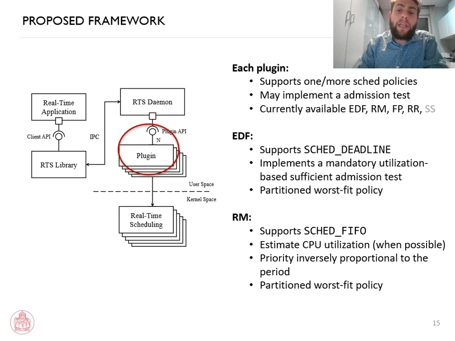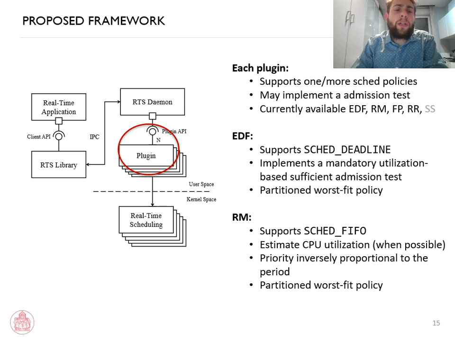The EDF plugin supports the sched deadline algorithm and implements a utilization-based admission test. Tasks that are accepted are scheduled following our worst fit policy, namely they are assigned to the least loaded CPU.